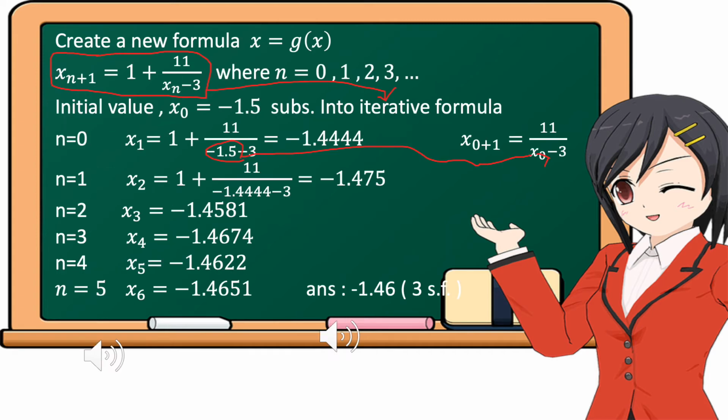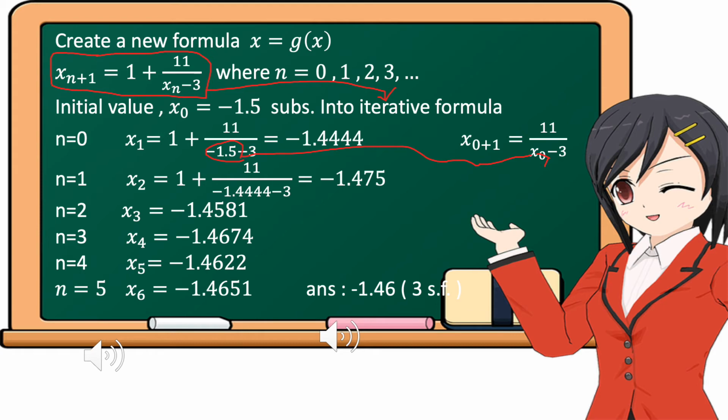The new formula x equal to g of x can be rewritten into the recursive formula x sub n plus 1 equal to 1 plus 11 over x sub n minus 3, where n equal to 0, 1, 2, 3. The recursive formula is the iterative formula we want to apply at the next working solution.